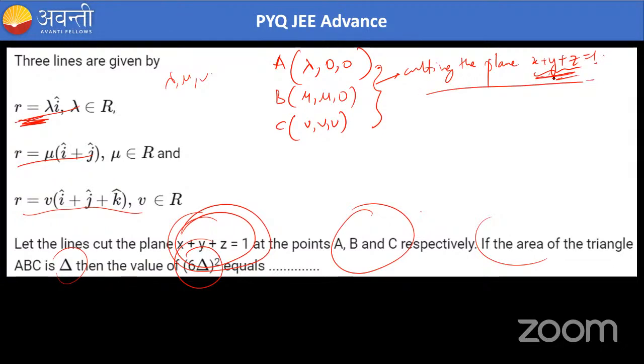That means these points will satisfy this plane.